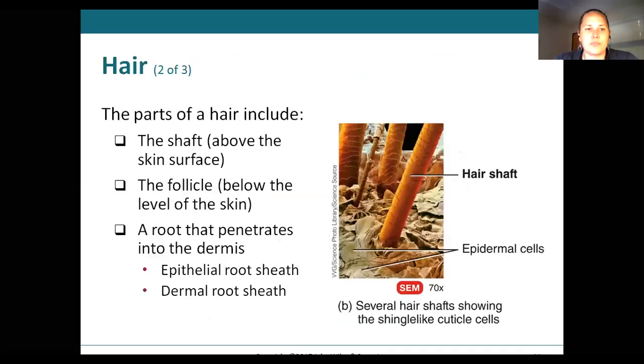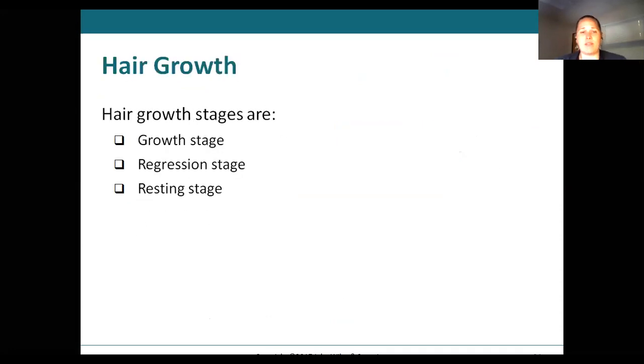Okay, so when hair is growing, you have these different stages. You have your original growth stage. That's when your actively dividing cells are occurring. You have growth occurring on the length of the hair, so you'll essentially grow a couple millimeters across a month.